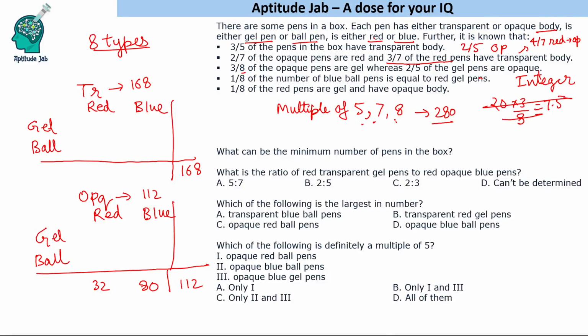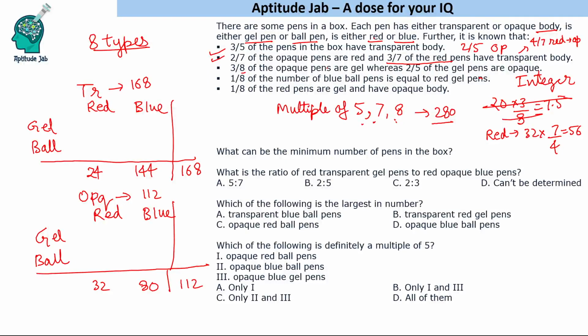So 4/7 is 32, and the total number of red pens will be 32 into 7 by 4, which gives us 56. So red pens are 56. Red is 56 and opaque red is 32, so transparent red will be 24. Subtracting from 168 we get 144. So this statement has been executed.